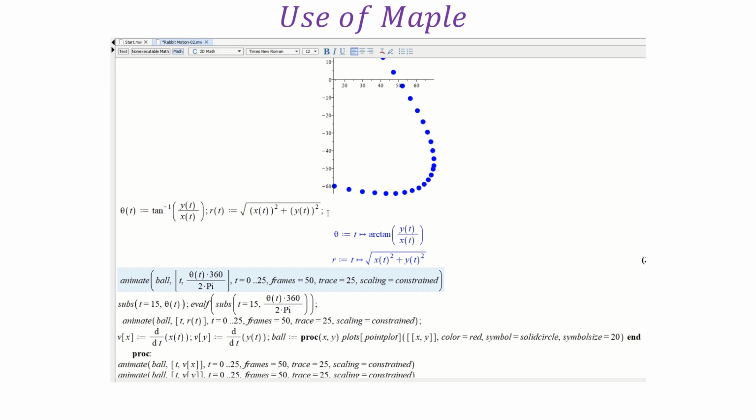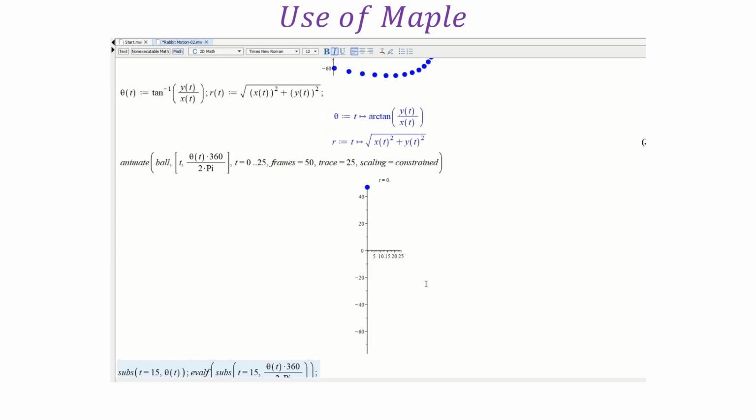So theta as a function of time and r as a function of time we have calculated, and now I want to see the animation, wherein on the x-axis we are going to have t that rolls from 0 to 25 seconds, and the second quantity is theta in degrees. To obtain that, we have multiplied theta by 360 upon 2 pi, and we are having 25 traces.